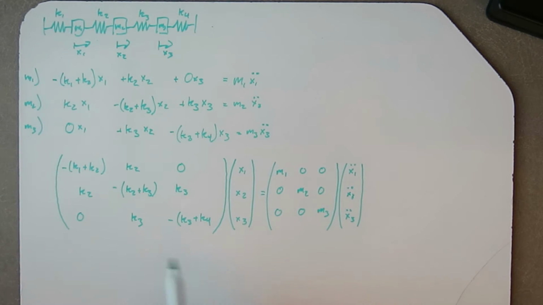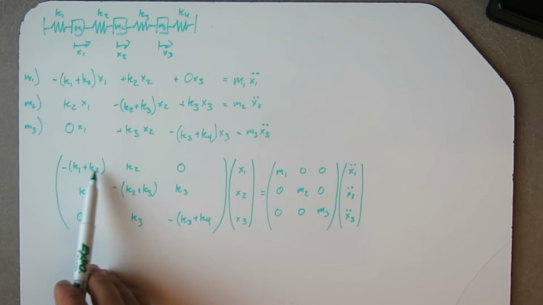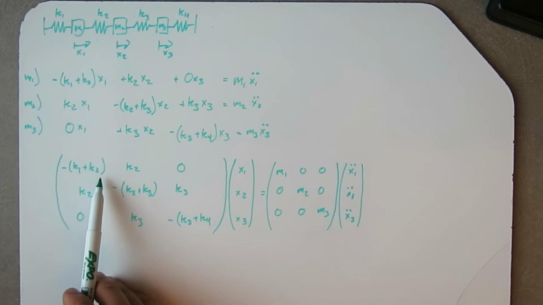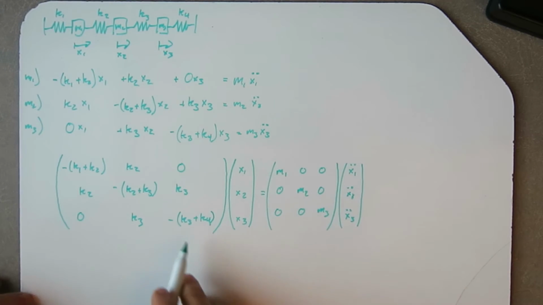Some interesting things here. We have a symmetric matrix. You can kind of see the pattern. It's like these are the springs attached to M1. These are the springs on either side of M2. These are the springs on either side of M3.